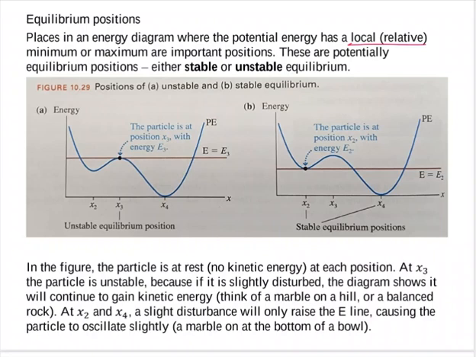So in A, we have the particle at position x3 with energy E3. This is an unstable equilibrium position. Think like you're at the very top of a peak, like you're a rock climber maybe, standing at the very tip top of the pinnacle of some very narrow, tiny thing that you climbed up on top of.